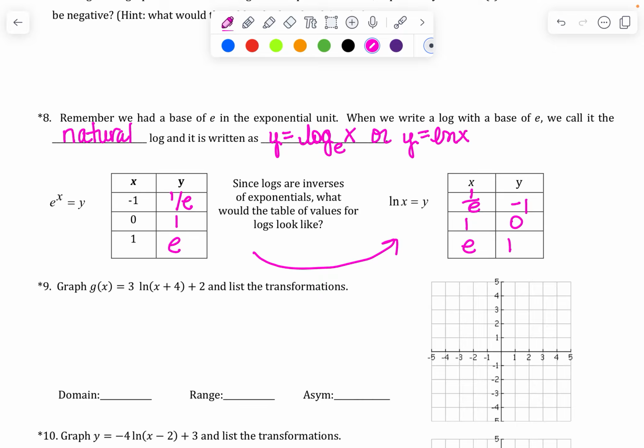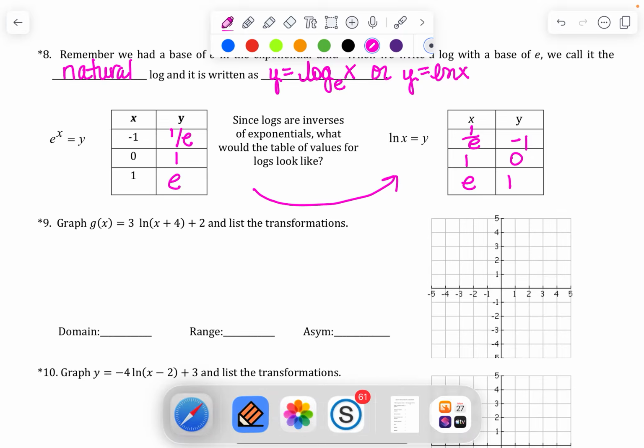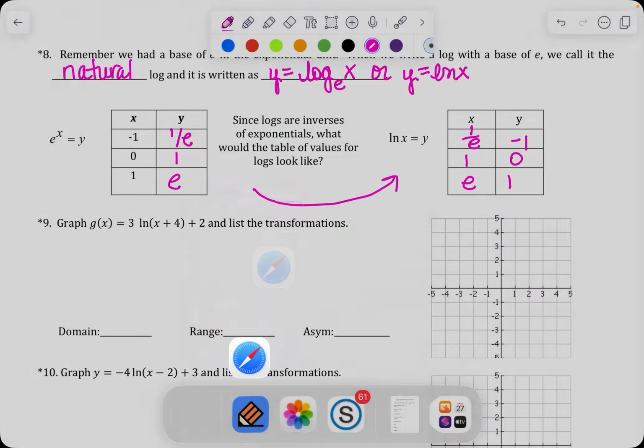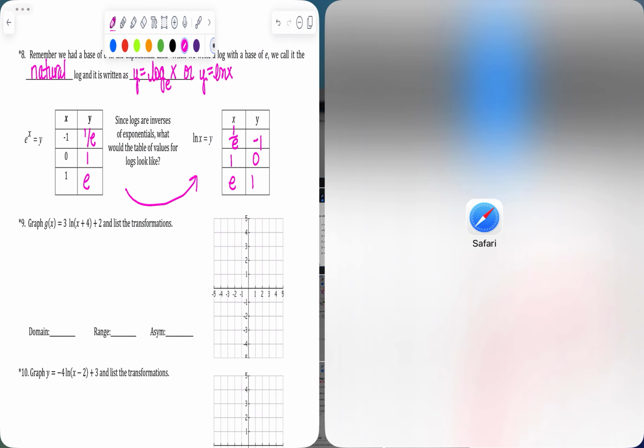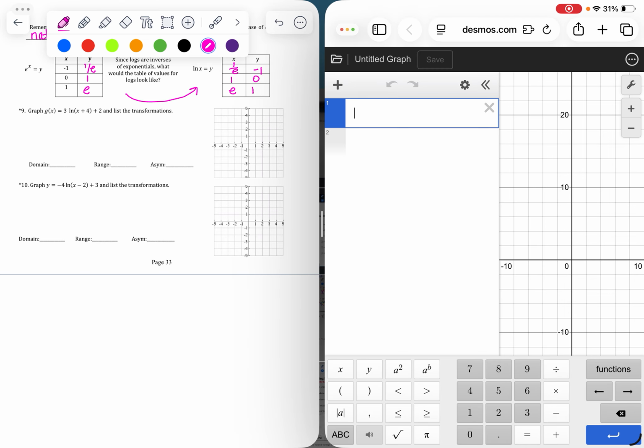You can get your points by looking, get a few points. But let me go back over here. So to find just a couple of things that we know, we're just going to point it out. This tells us we're going to have a vertical stretch by 3.